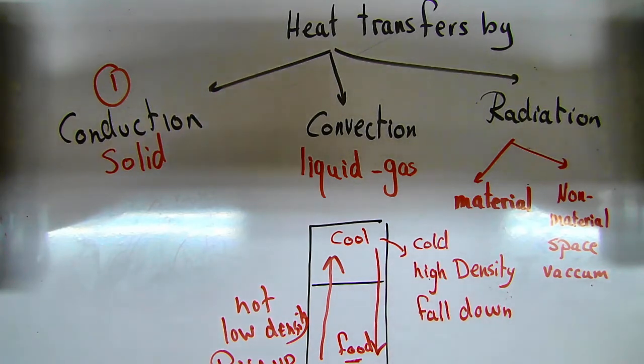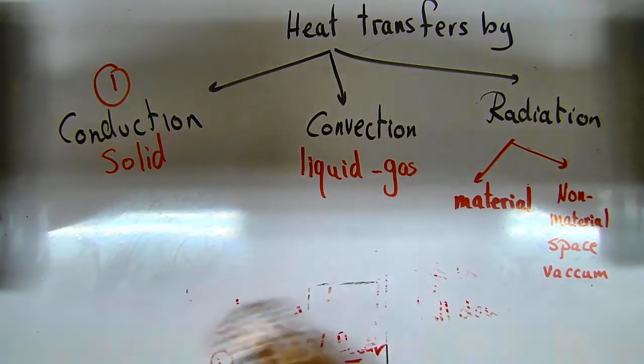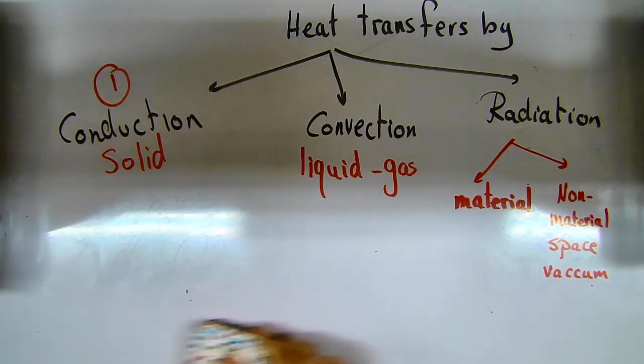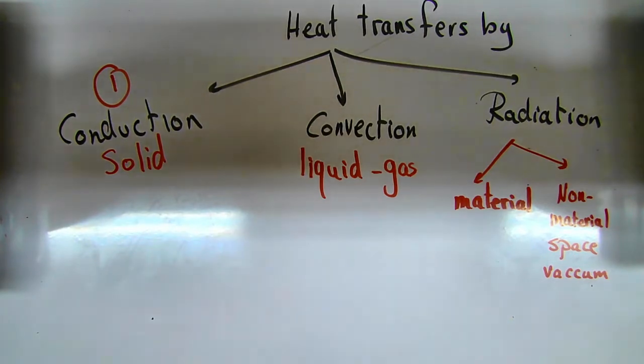The other application of convection is the electric heater. The electric heater is placed at the bottom of the room.